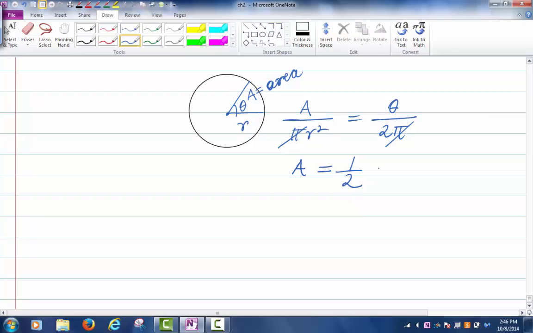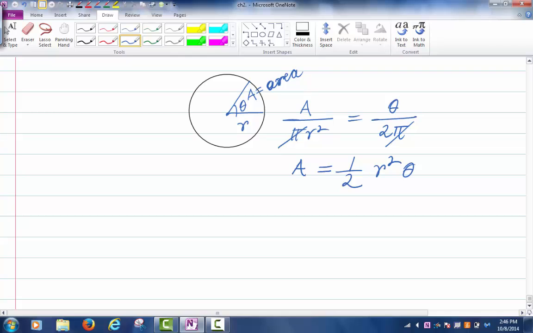I would get half r squared times theta. So the area of a sector of a disk of radius r subtended by an angle theta is half of r squared theta. Is that making sense?